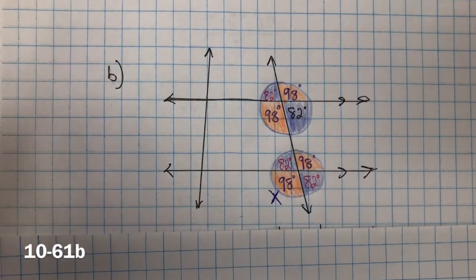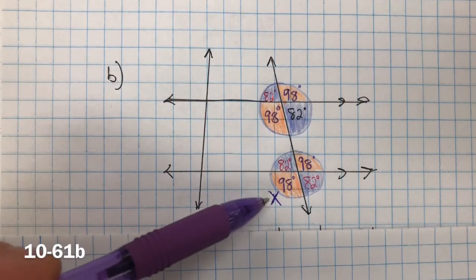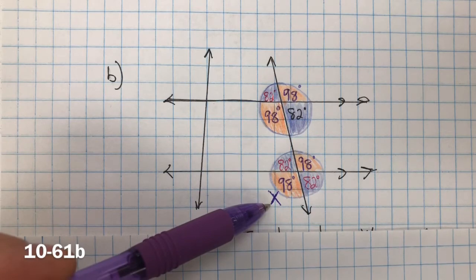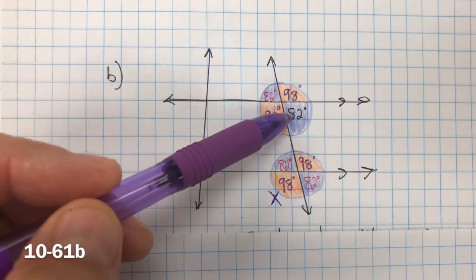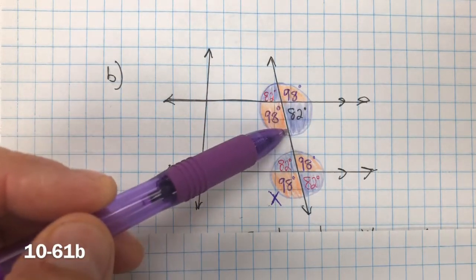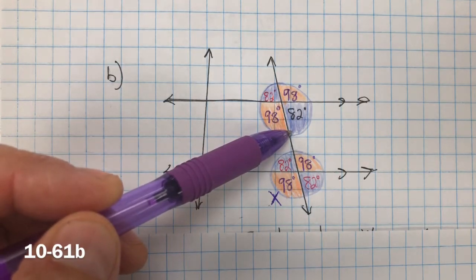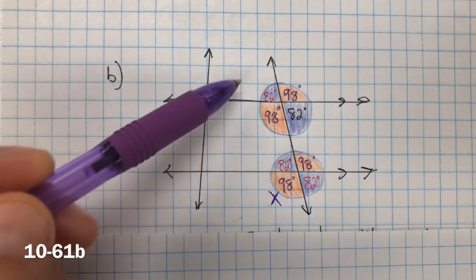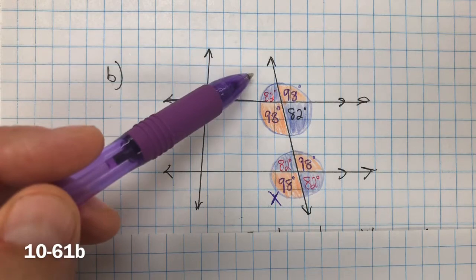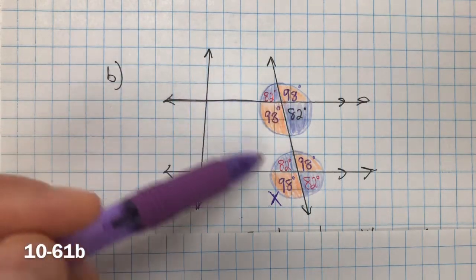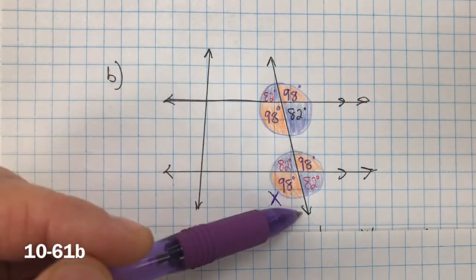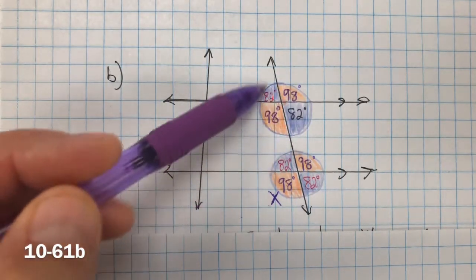For 61B, I needed to find the measure of angle X. And I was given the measure of this angle, which is 82 degrees. And so the first thing I did when I'm trying to find the missing measures of parallel lines cut by a transversal is I draw the beach balls.